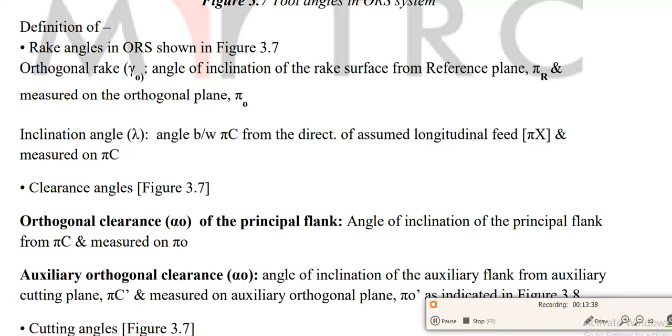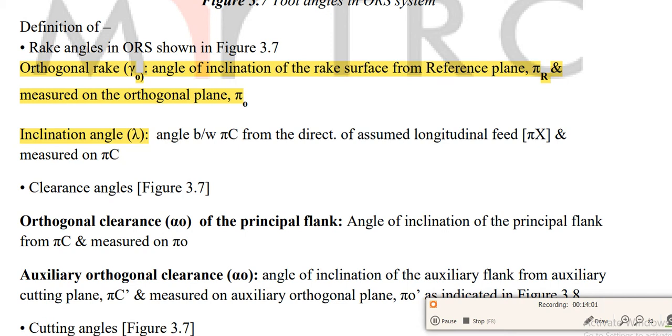Orthogonal rake gamma naught is the angle of inclination of the rake surface from reference plane pi r, measured on the orthogonal plane pi naught. Inclination angle lambda is the angle between pi c and the direction of assumed longitudinal feed pi x, measured on pi c.